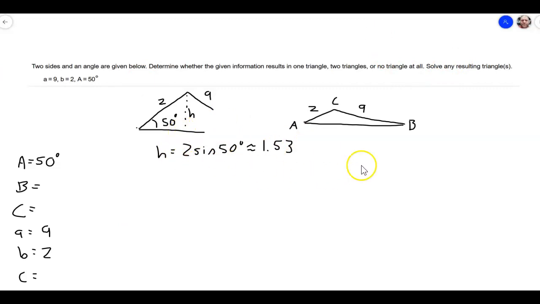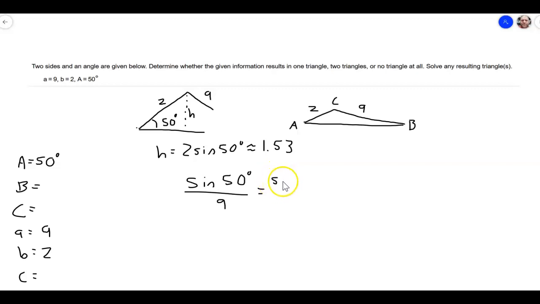Okay, so let's go ahead and get started. And remember, we're going to want to use exact angles and measurements where we can instead of approximations. So the first thing is we're going to be wanting to use the sine of 50 degrees over 9, because that's the sine of an angle over the opposite side, and that's going to be equal to, so really we need to find the angle B over here first, because we know the opposite length of the side there.